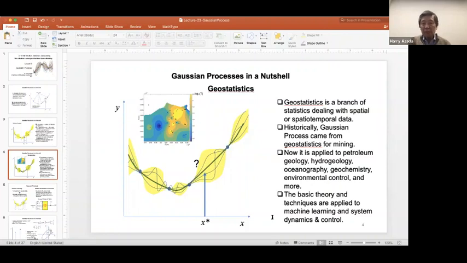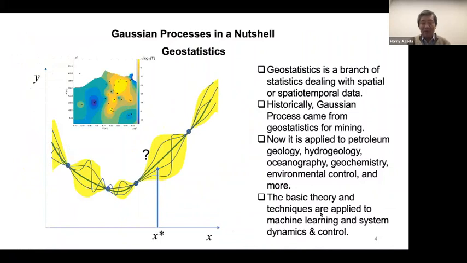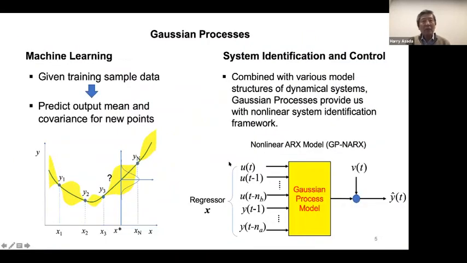Sorry, I should put this one this way. For machine learning, this is obviously a useful tool. It is an input-output regression, non-parametric, and we can deal with the nonlinear curve over here.